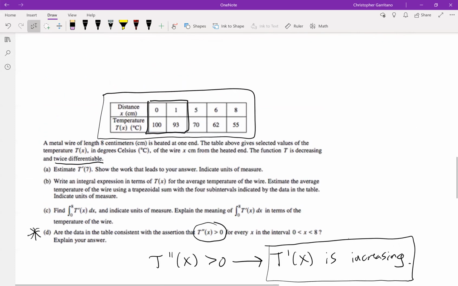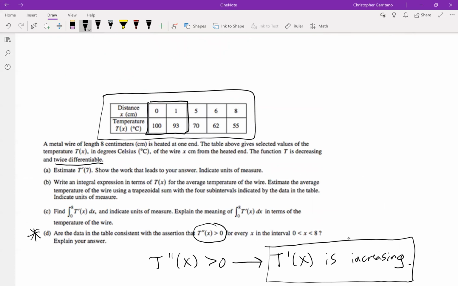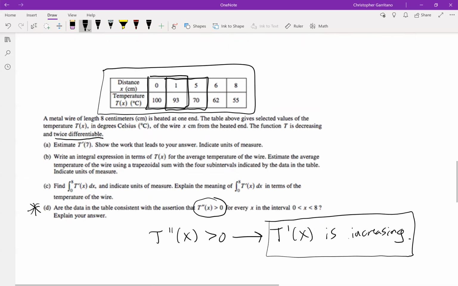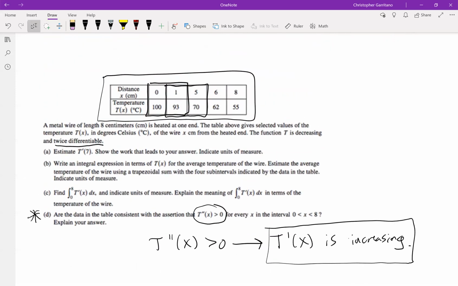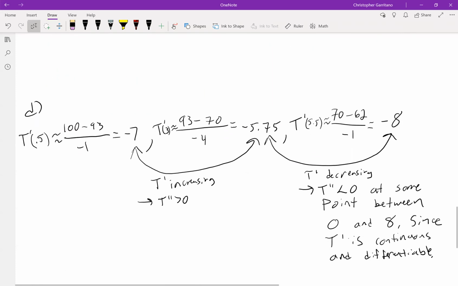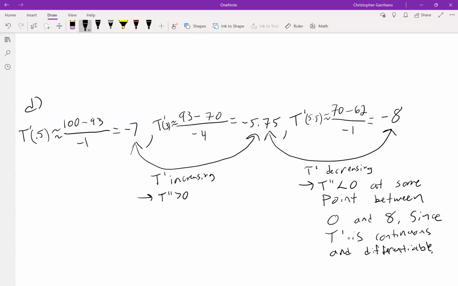I then chose the next 2 points, connected them with the secant line, and found that slope to approximate t prime of 3. 3 just happens to be the number between 1 and 5. So that's why that secant line would give me an approximation for t prime of 3. And that slope is -5.75.